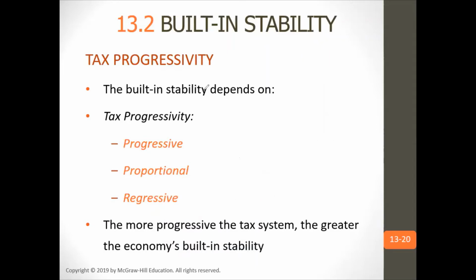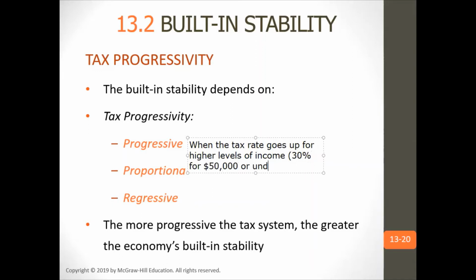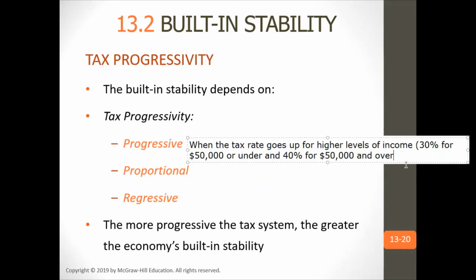So then progressive taxes are when the tax rate goes up for higher levels of income. Like 30% for 50,000 or under, and let's say 40% for over 50,000. That's what they call progressive. The percentage of tax goes up with higher levels of income.